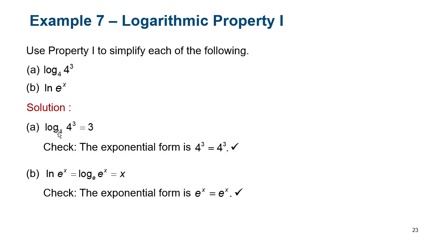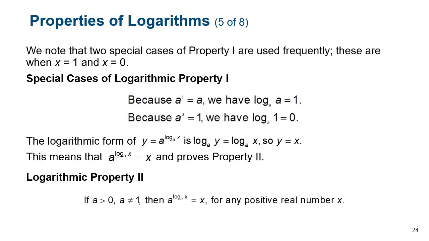Log base 4 of this thing, we get an answer that's 3. Natural log of this thing, we just get the answer that's x. It's a way of peeling the power out and bringing it down so we can solve for things. And so that's how we're going to solve exponential equations when we have to solve for the power: we're going to use logs because they undo the powers.